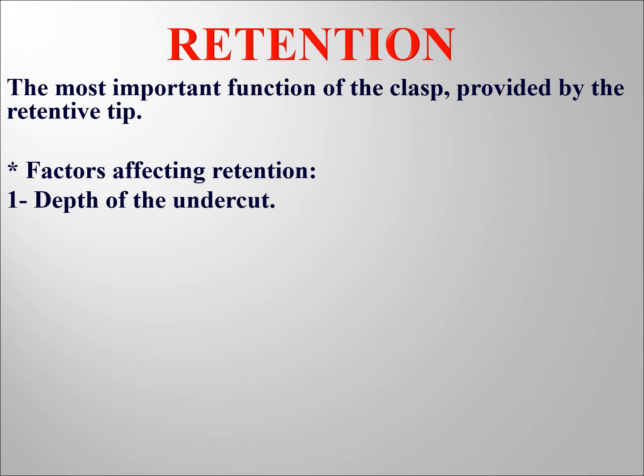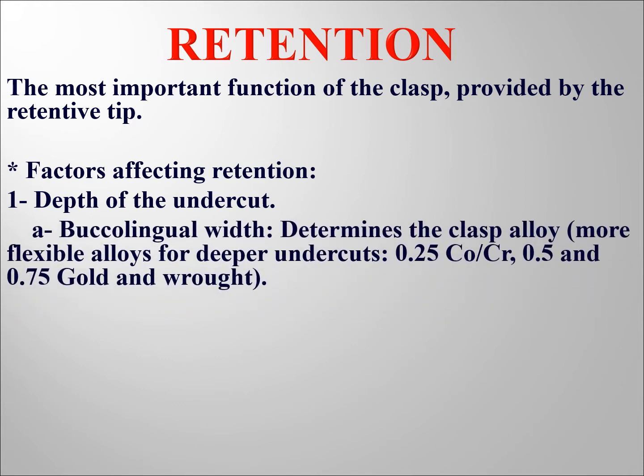The depth of the undercut goes in three dimensions. Bucco-lingual width, this determines the clasp type of the alloy. This is the depth, or width, that we actually measure via the surveyor's gauge.